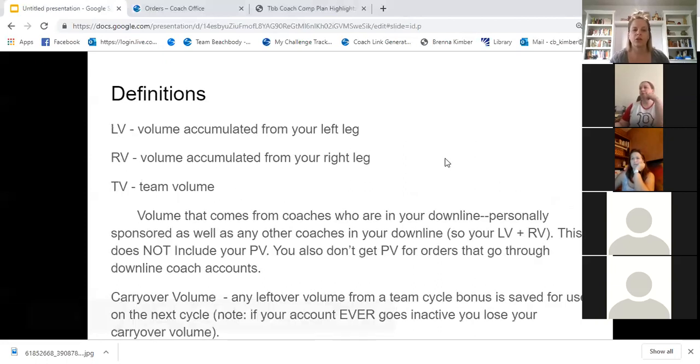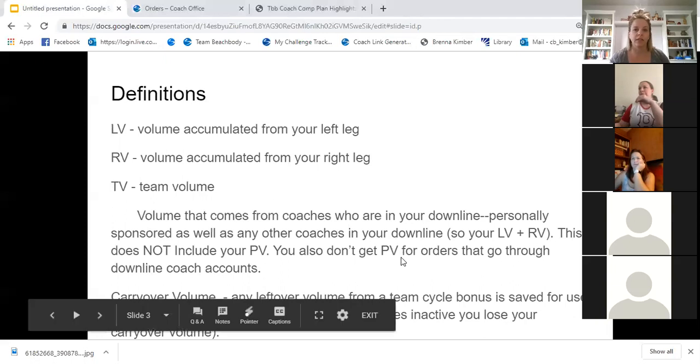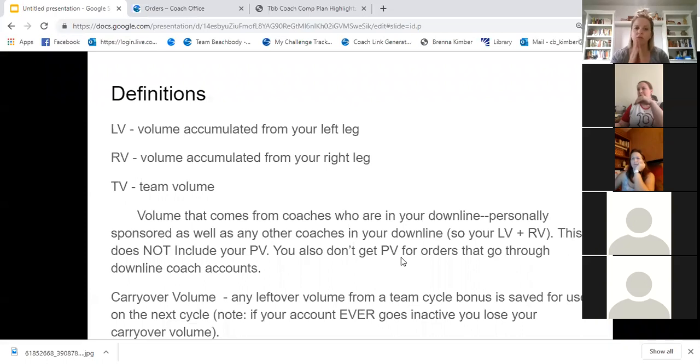LV is volume accumulated on your left leg, and RV is volume accumulated on your right leg, and these two numbers together equal your team volume. Your team volume is the volume that comes from coaches who are in your downline, your entire downline, not just your personally sponsored coaches, but anybody who's signed up on the same leg as you, whether it's your coach or not.